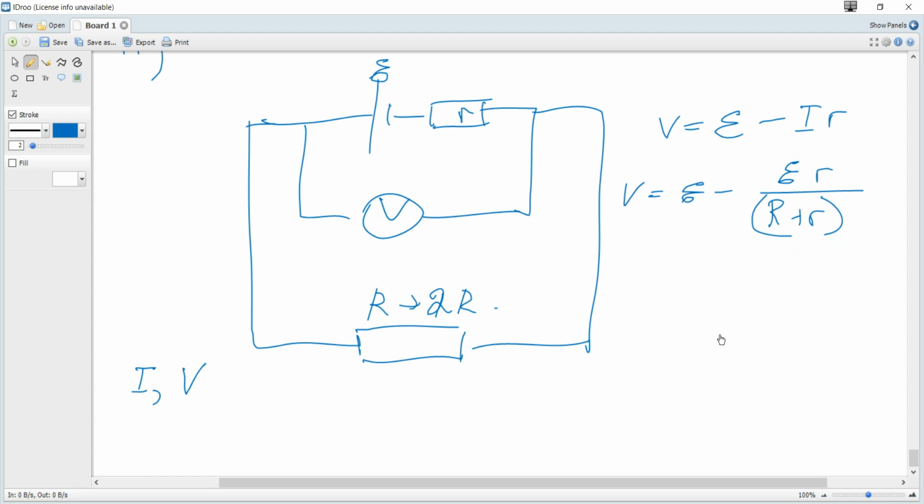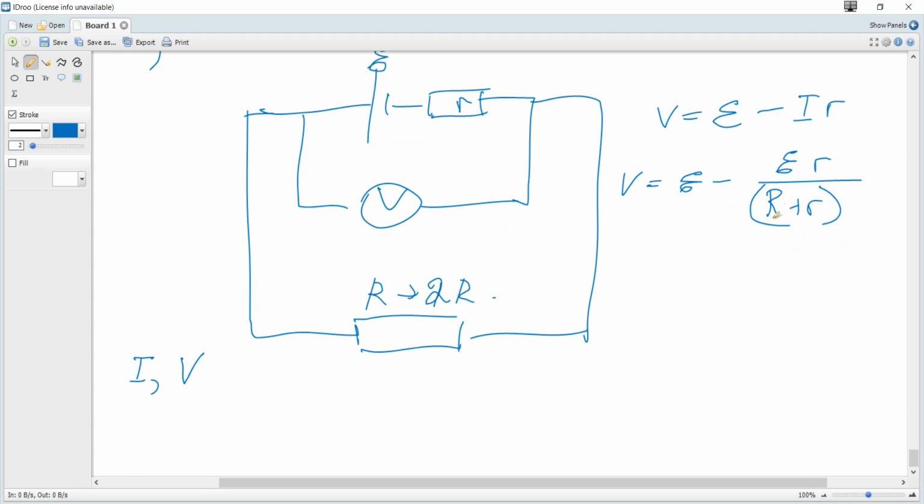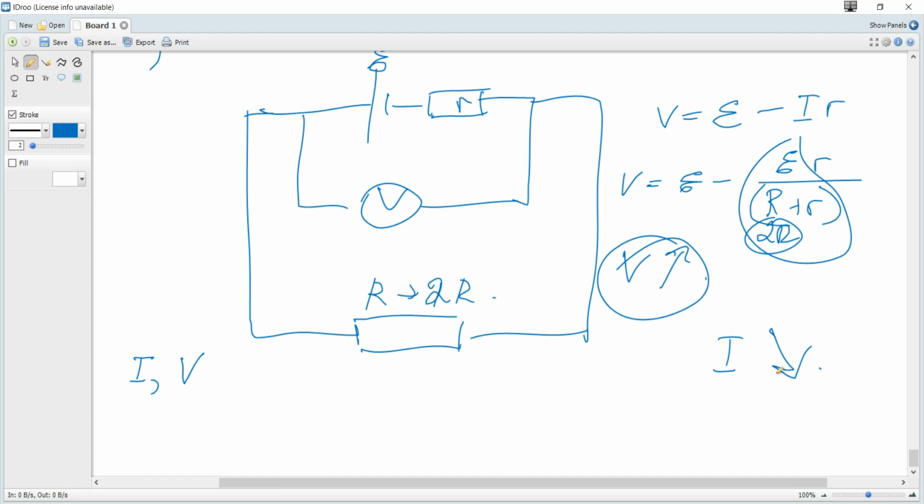When R increases, it becomes 2R. Definitely the denominator increases, this value decreases, so we subtract less, so V increases. So the potential difference increases. And what about current? Current is just this, it decreases. So current less, V greater is B.